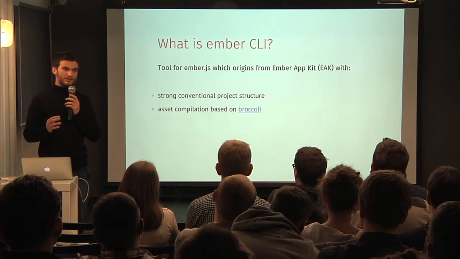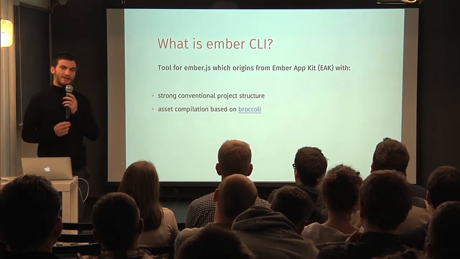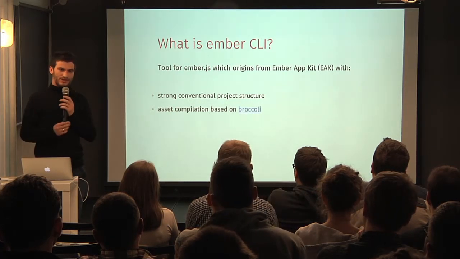Broccoli is another excellent tool which is developed almost entirely by Jo Liss, and it's really magnificent. Of course, it's also still being developed, but it has a really clear structure. It uses a tree concept to manage all the assets, and it's really excellent.